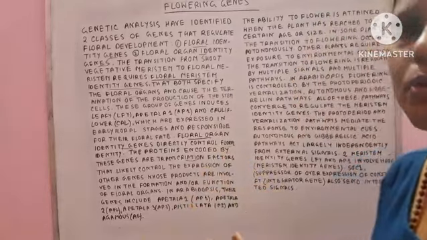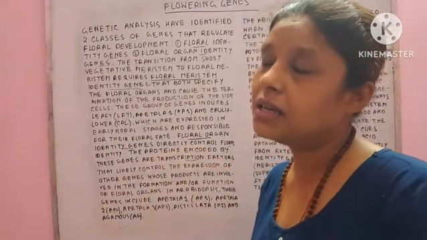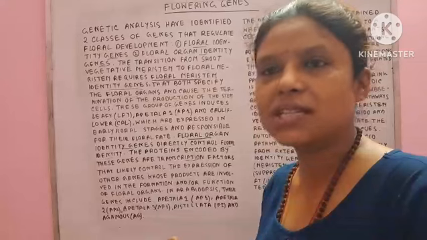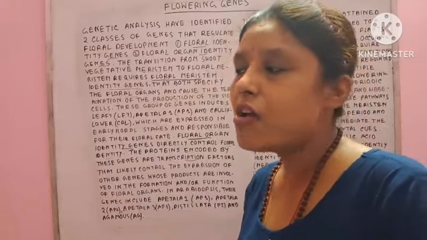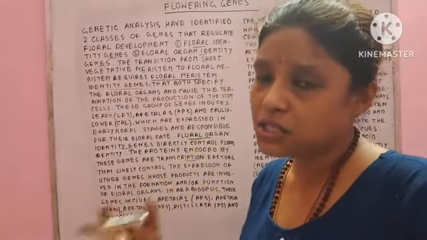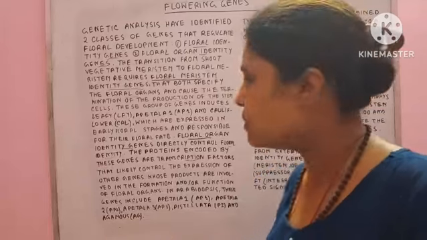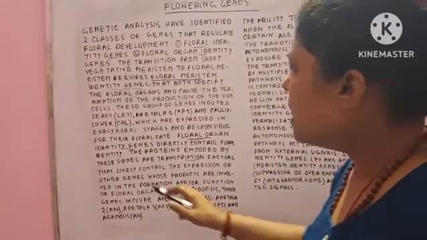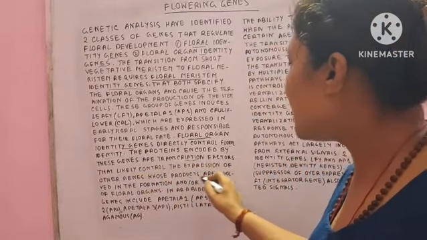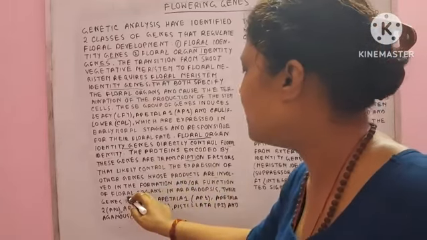So here also the proteins are known as transcription factors. In the case of DNA or mRNA, you all know replication and transcription are very important for the expression of genes, and the transcription factors continue the expression of the gene by the process of transcription. These likely control the expression of genes whose products are involved in the formation and function of the floral organs.